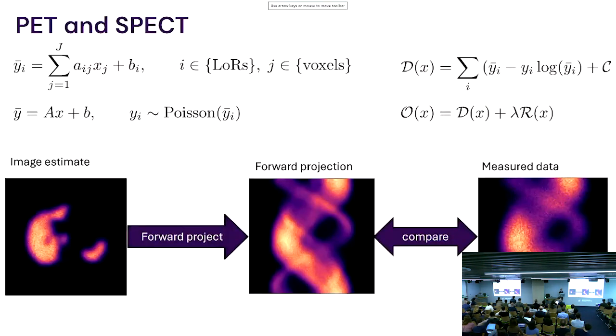So as you'll have seen many times over this conference, we can model our PET and SPECT reconstructions by creating an objective function where we forward project an image estimate, add some additive data and compare this to our measured data, and then add a regularization term in order to deal with ill-posedness.